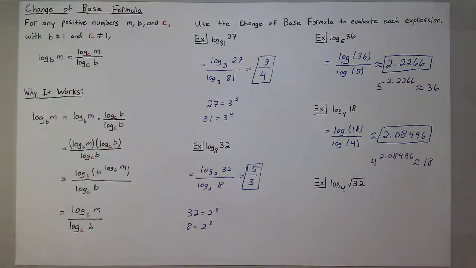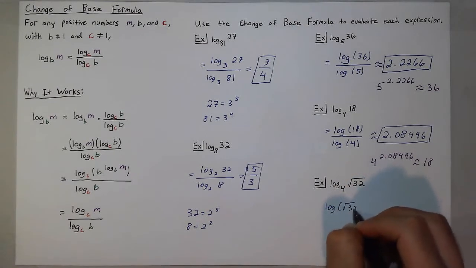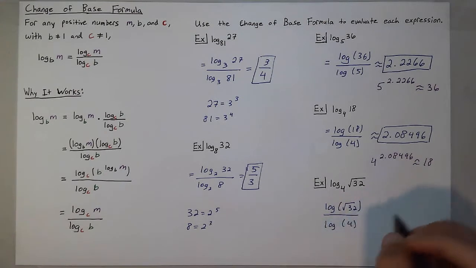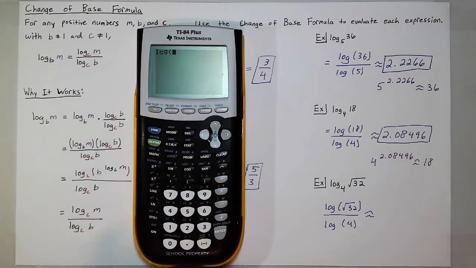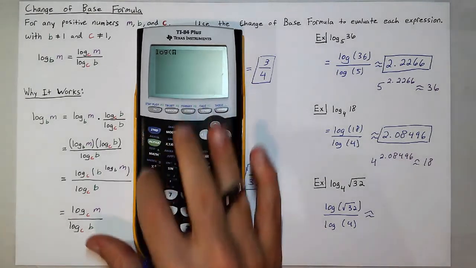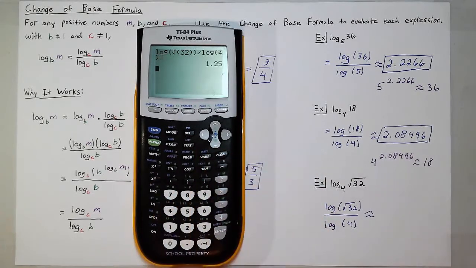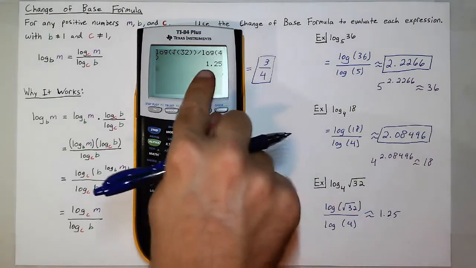Now let's look at log base 4 of 32, which I'm going to write as log of the square root of 32 divided by the log of 4. So log of the square root of 32 divided by the log of 4 gives me 1.25, which is not even a repeating, long decimal.